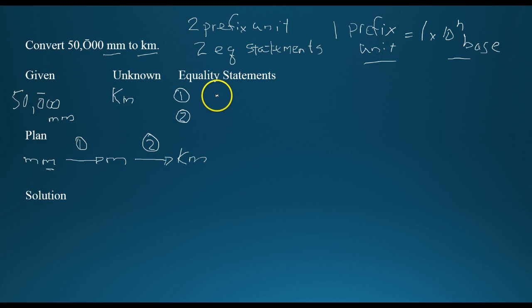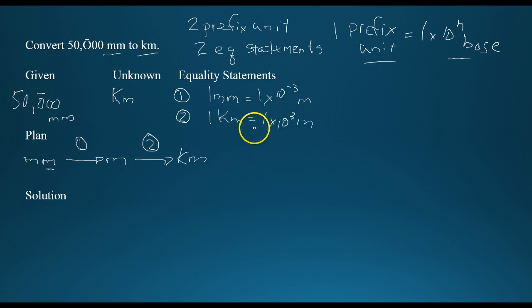And so if we go back, we'll see that 1 millimeter is equal to 1 times 10 to the negative third meter. And then we have 1 kilometer is equal to 1 times 10 to the third meter.